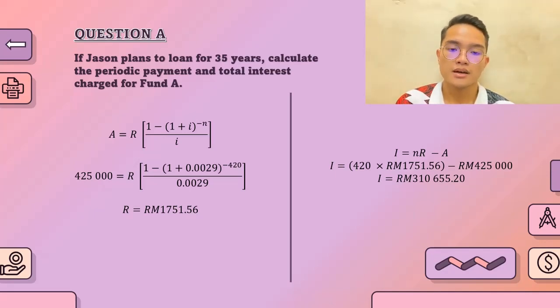We find I by K divided by M. Meanwhile, how do we find N? It is M multiplied by T. So this is how we do it.